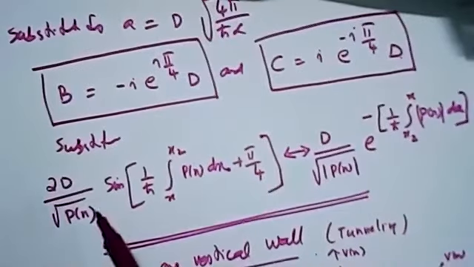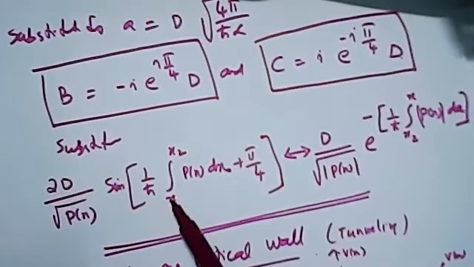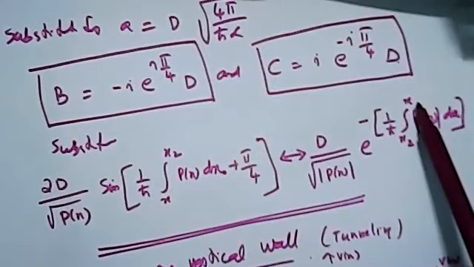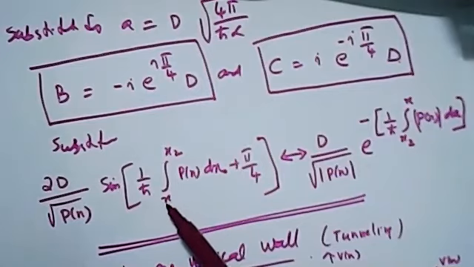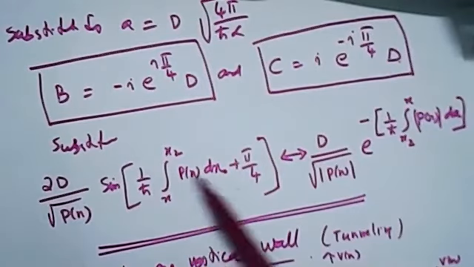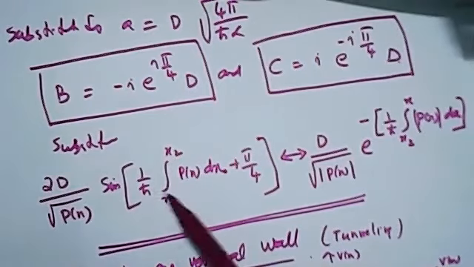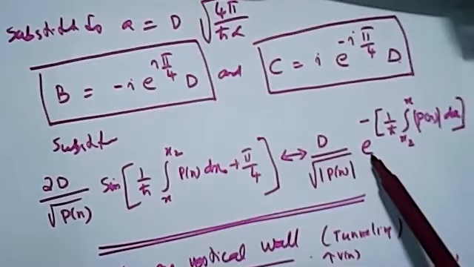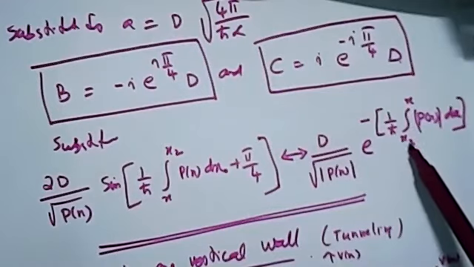So this was the previous connection formula for limits x to x2 and x2 to x. Here limits will change from x1 to x, sine x1 to x, and e to the power of, this limit becomes x to x1.